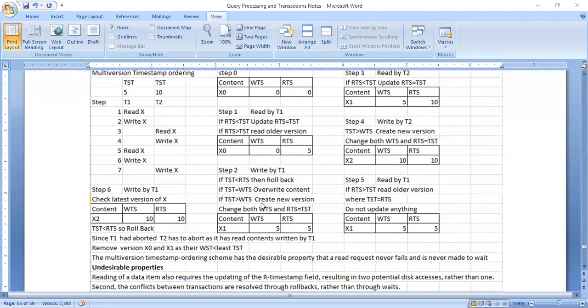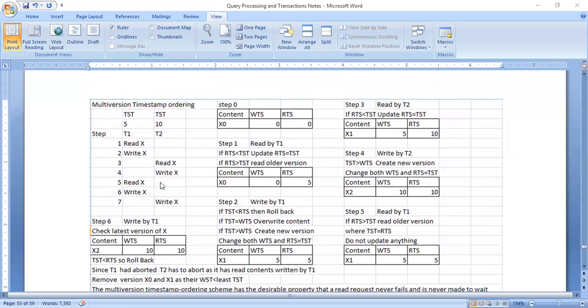We create a new version: the new version of X0 is created as X1. Along with this new version, we set both WTS and RTS equal to TS. So both the write timestamp and read timestamp are updated to 5, the timestamp of the transaction executing write X.